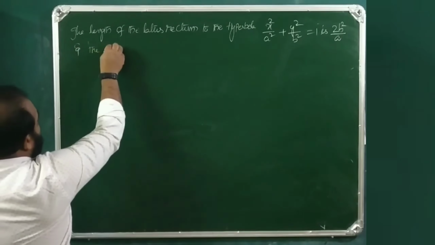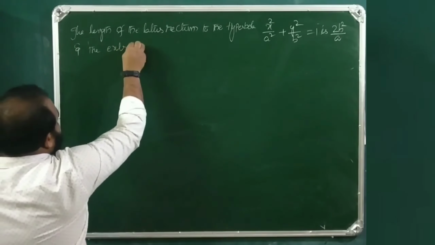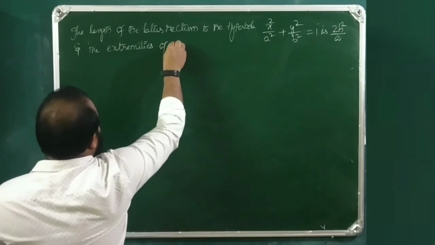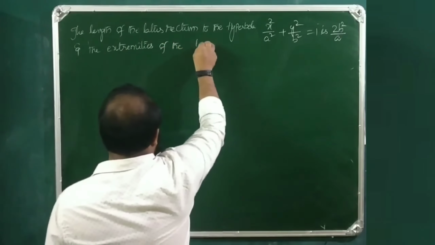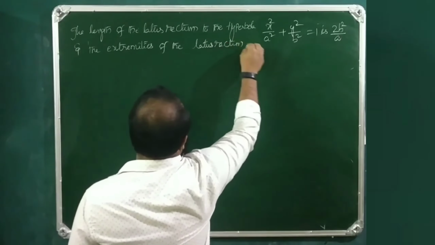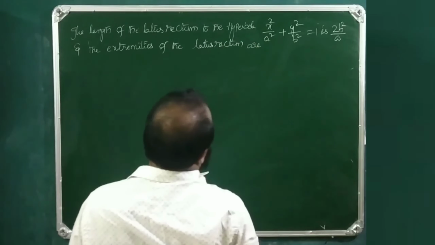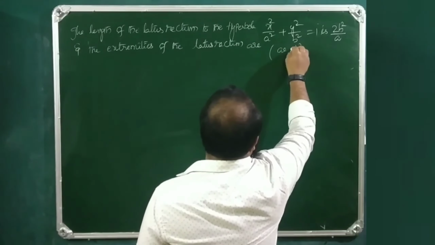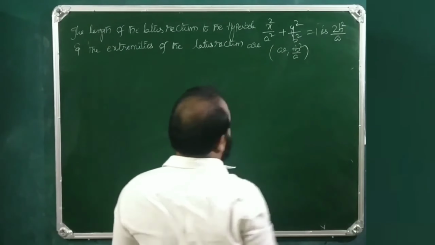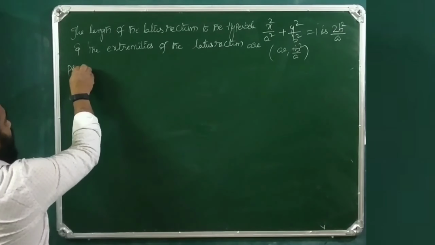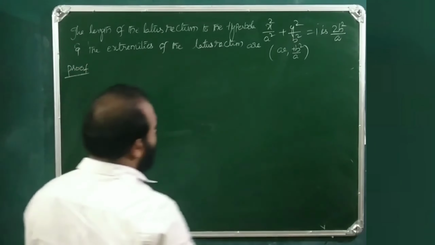And the extremities of the latus rectum are ae comma plus or minus b square by a. So, let us take the hyperbola.